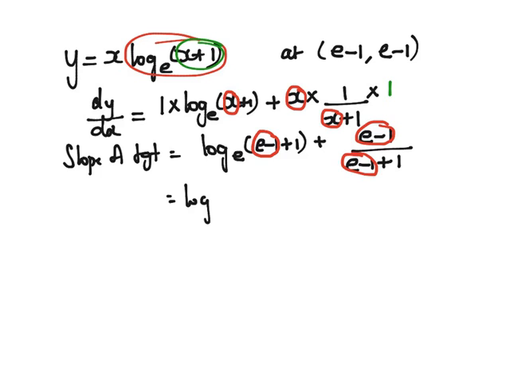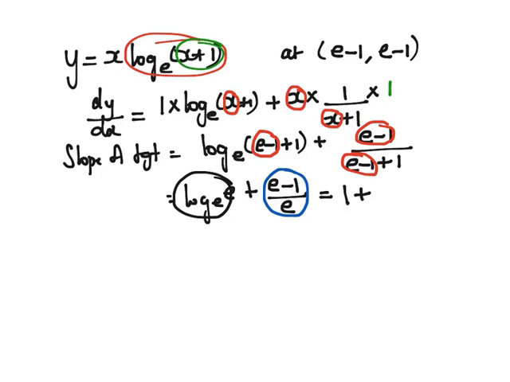I will get log of e minus 1 plus 1, which will be log e to the base e, plus e minus 1 by e, isn't it? Now we know that log of, for example, 2 to the base 2 or 3 to the base 3 or 1.5 to the base 1.5 is always 1. Same way, log e to the base e will be 1 plus, now what I'm going to do is the second term that you see here, e minus 1 by e, I'm going to split it.